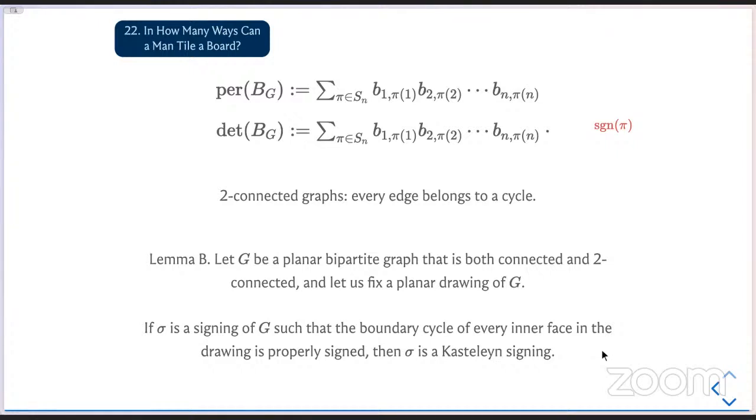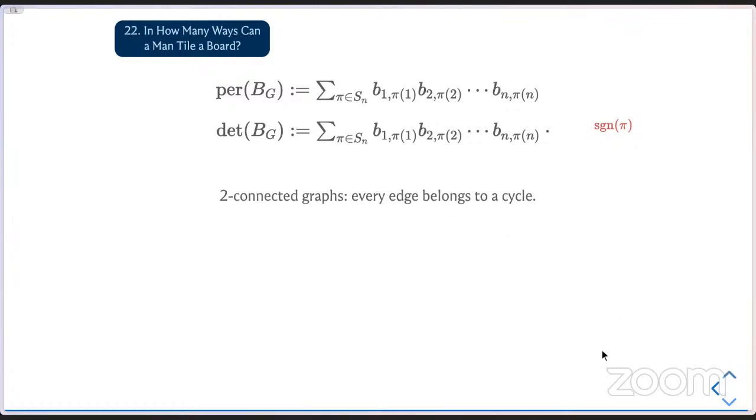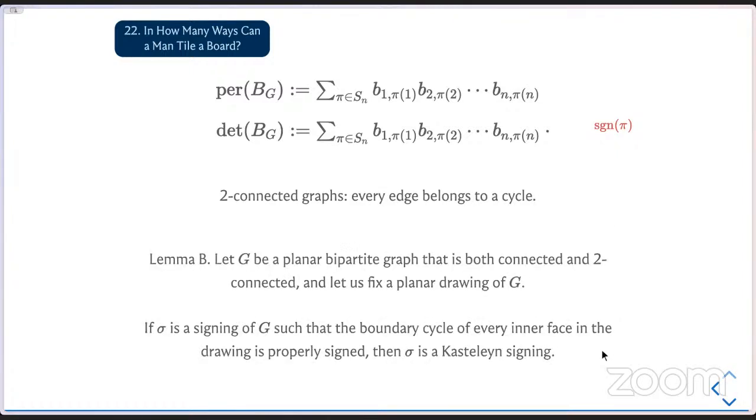Okay, so we've gone from saying that on bipartite graphs, the evenly placed cycles are properly signed, to saying something about the structure of, instead of evenly placed cycles from before, cycles that form the boundaries of a planar drawing. Those must be properly signed. And it's probably not surprising that the proof of lemma B uses lemma A to get going.